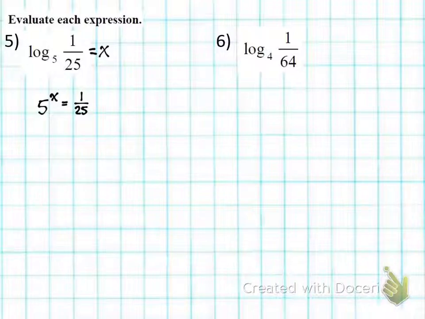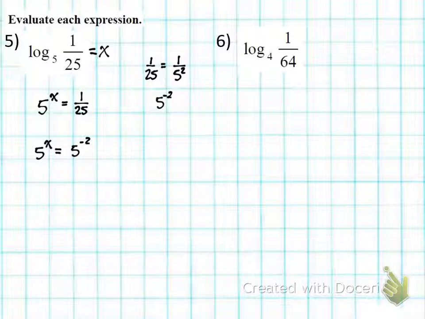Now I know 25 is like 5 squared, so I can make this a negative exponent, 5 to the negative second, right? So I'm going to rewrite this as 5 to the x is equal to 5 to the negative second power. Okay? Again, finish this problem off.